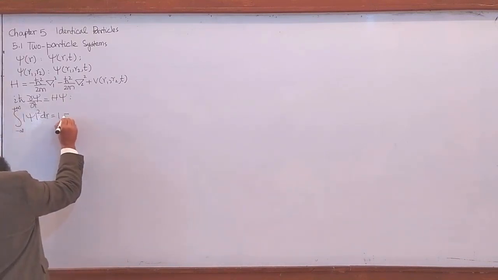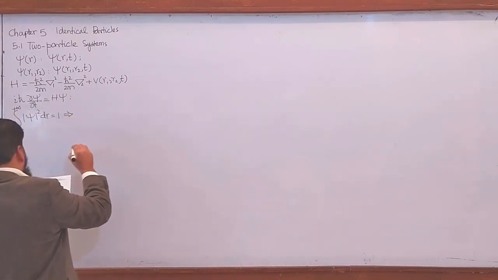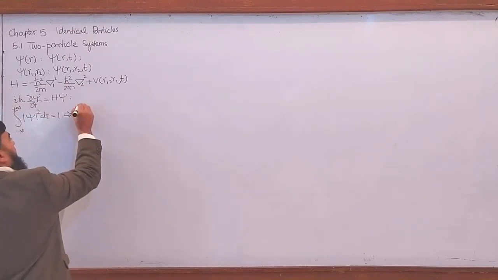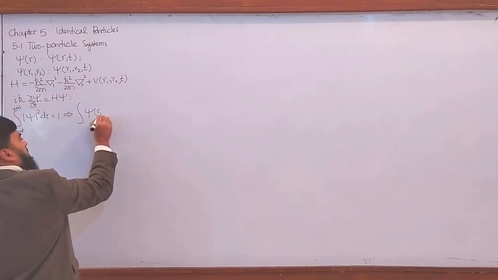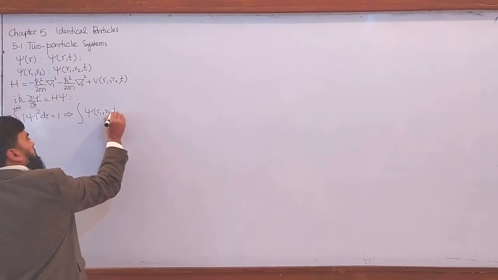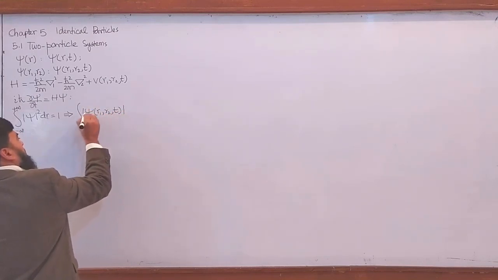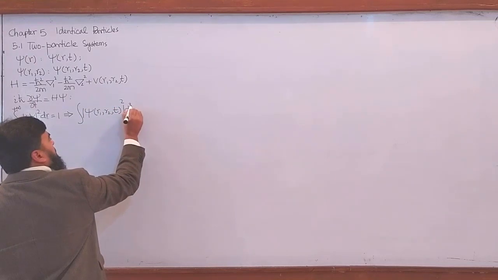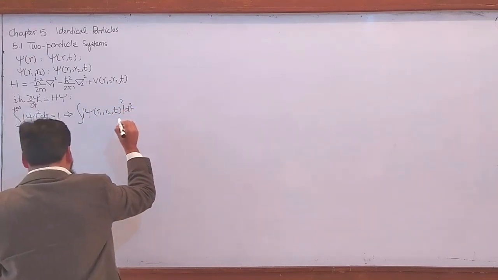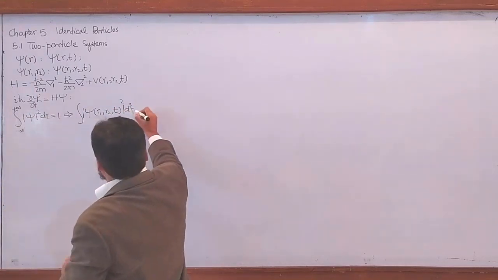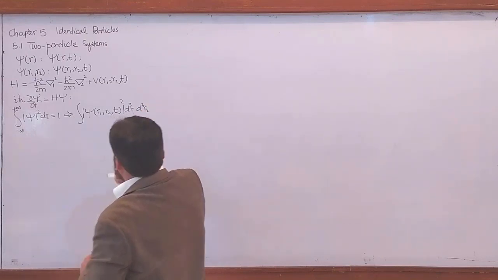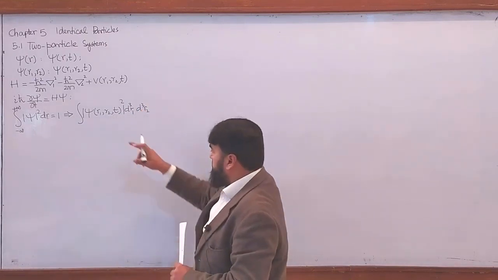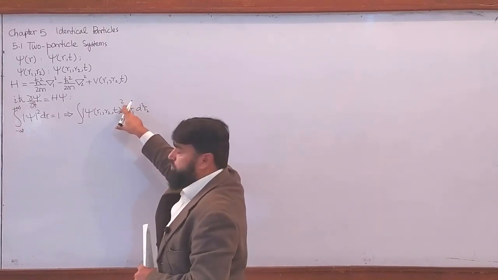Now this normalization condition will come out to be over all space, psi of r1, r2 and time, mod squared, d cube r1, d cube r2. Why am I writing d cube?